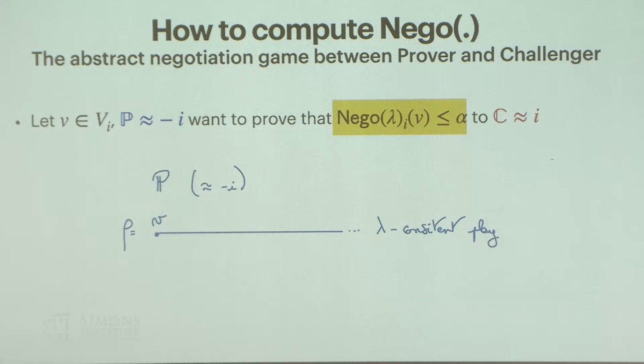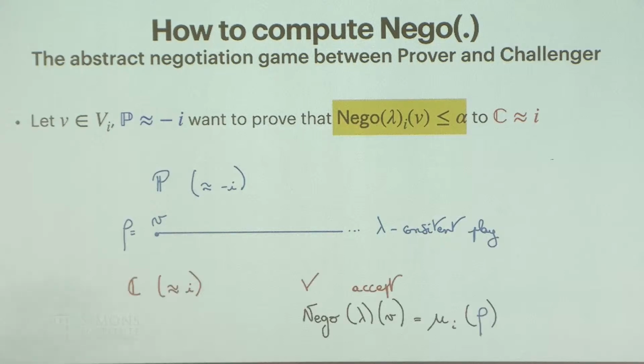We have seen that proposing something which is not lambda consistent does not make sense, because otherwise there will be a deviation, right? So you propose this lambda consistent play, and now two things can happen. Maybe the challenger says, okay, I agree with what you propose.